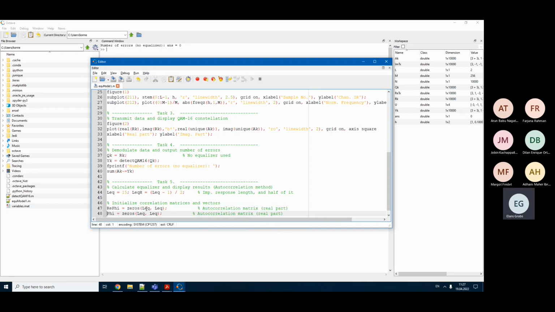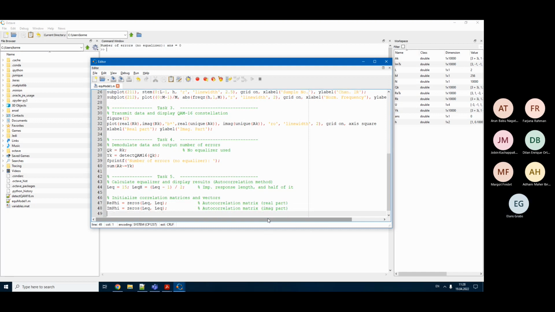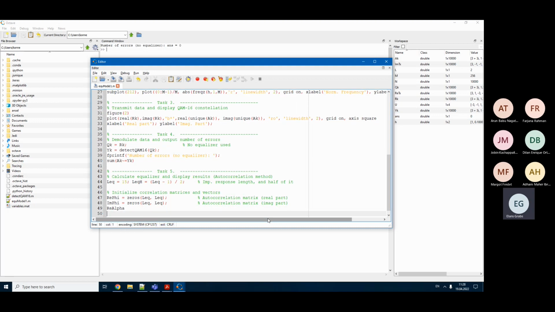Similarly, we are going to calculate the imaginary part, and also we need cross correlation vectors. That would be real alpha, imaginary alpha. So zeros, but this is a vector, so the second dimension is just 1.